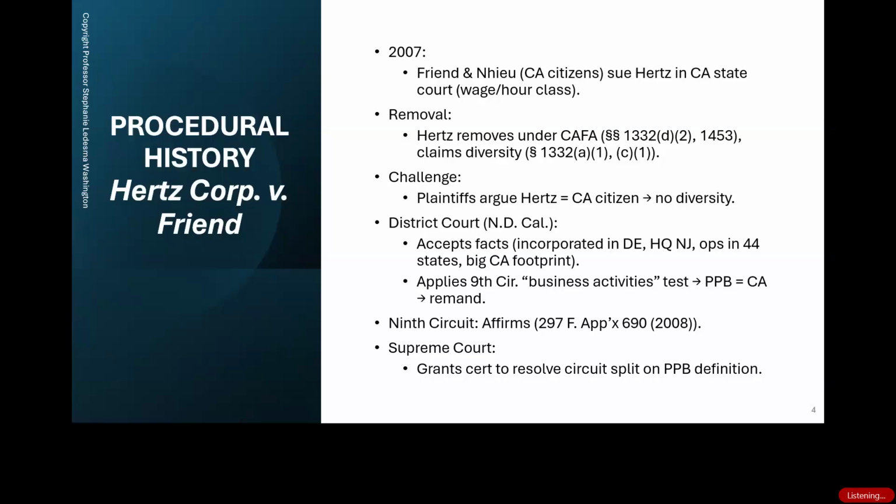The district court, who is hearing this challenge to the removal, agrees with Hertz. Agrees. Absolutely. We acknowledge that your incorporation is a state other than California. We also acknowledge that you believe that your principal place of business is somewhere other than California.